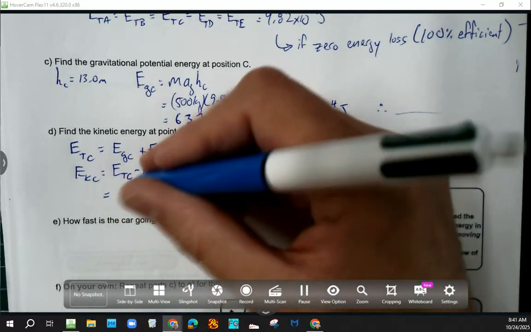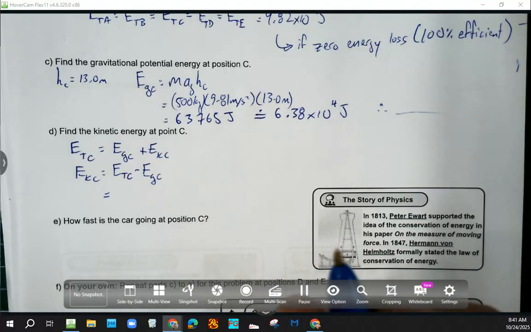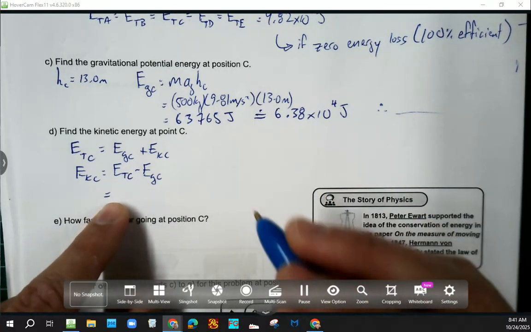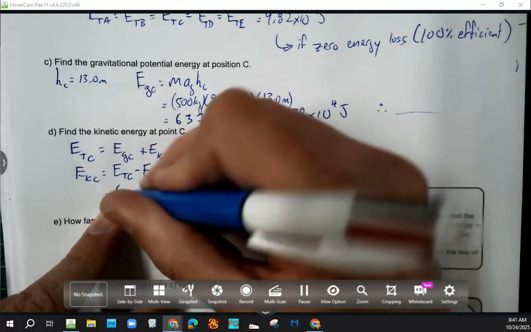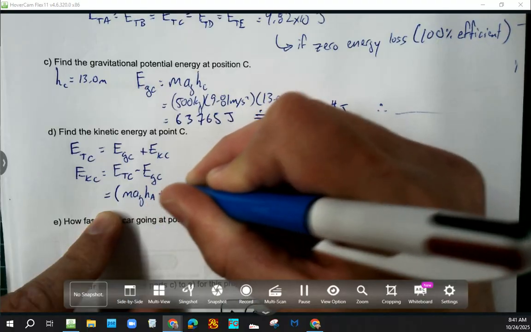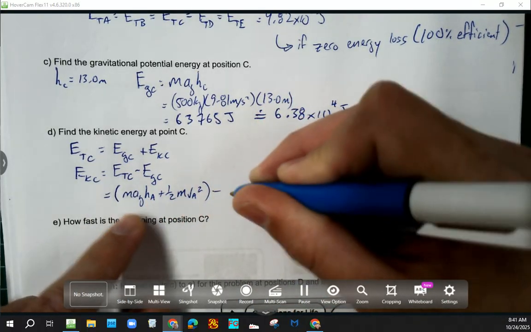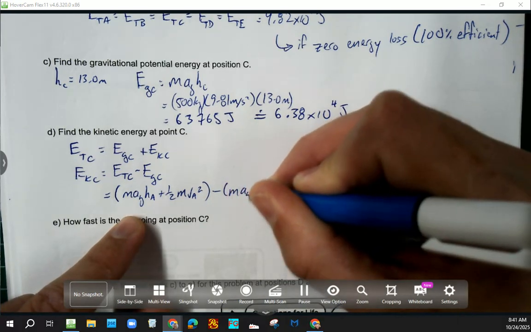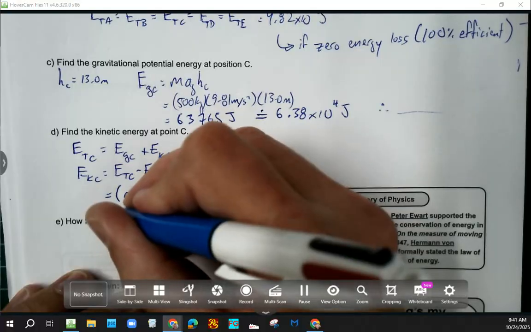But remember, we could create a formula for ourselves. You know what? Maybe I'll just go down the rabbit hole really quickly. I know that ETC is equal to ETA. So if I was going to make a general equation for this, I could have said mass times acceleration due to gravity times height A plus 1/2 m v_A squared minus EGC, mass times acceleration due to gravity times height C. And if I was really committed to the cause, I could factor out what from this?